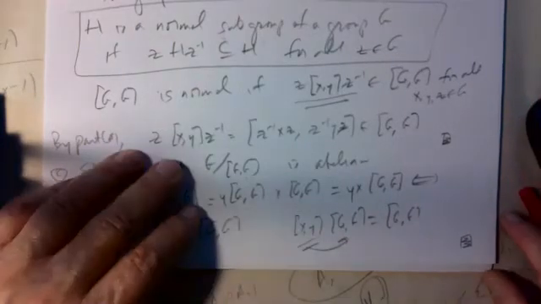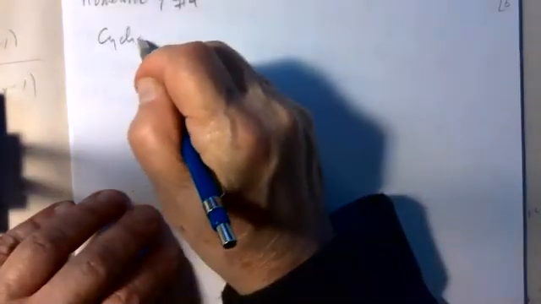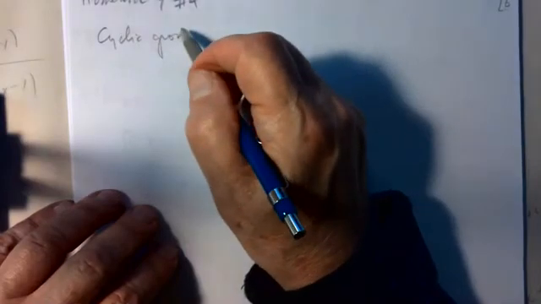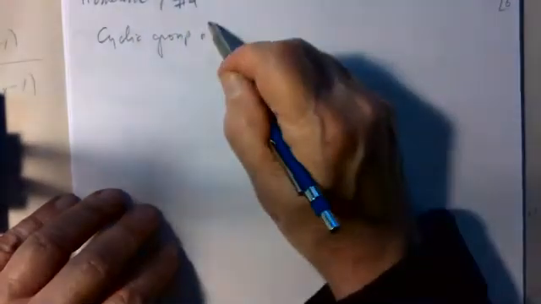Let me do homework 9, problem 4. So we have a cyclic group of order n.